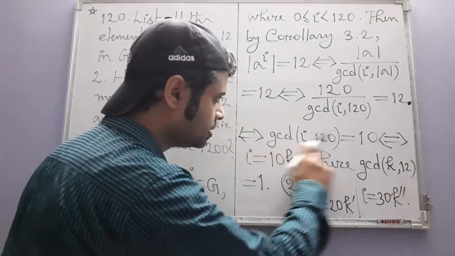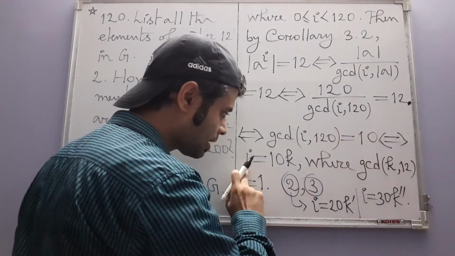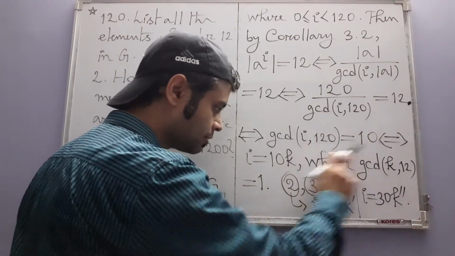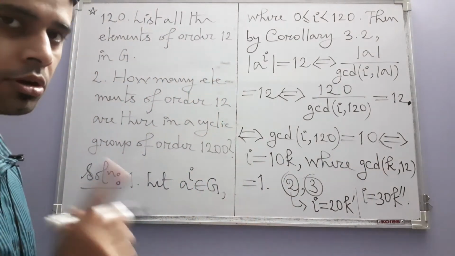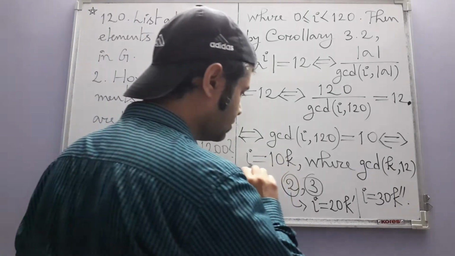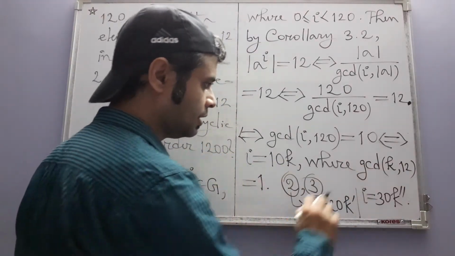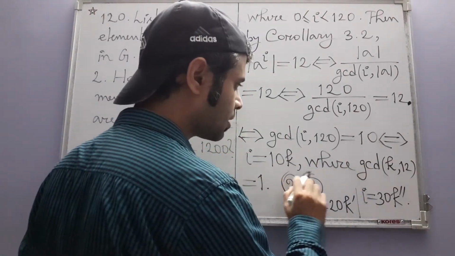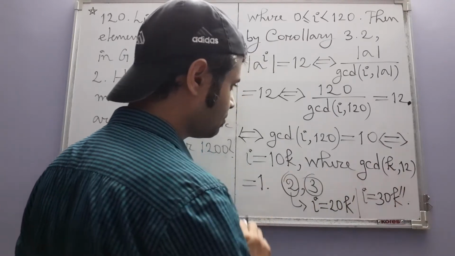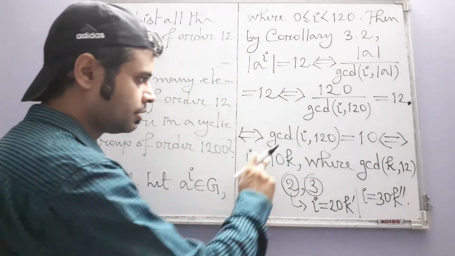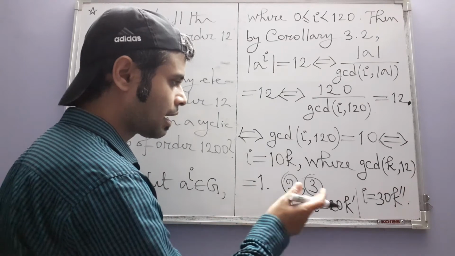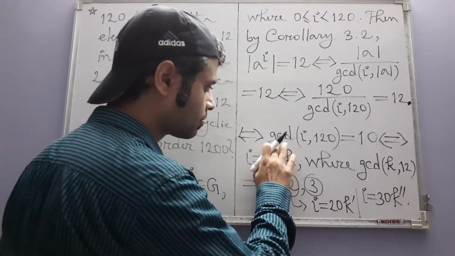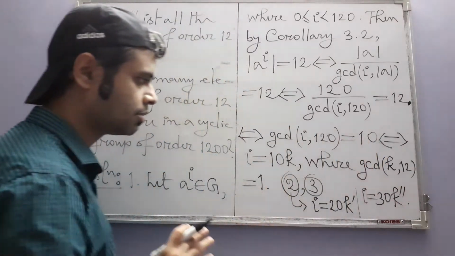So if this is true, then this implies not only this but this one as well. Conversely, if this condition is true, if i is of this form and GCD of k and 12 is also equal to 1, then you can argue very easily and conclude that this GCD has to be equal to 10.